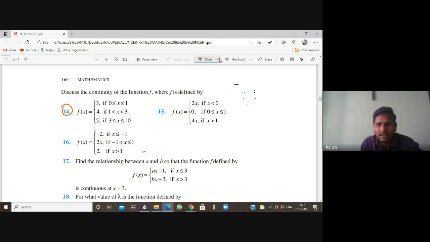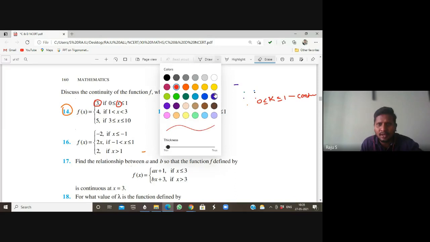I'm going to write like this. For example, in place of X, I'm taking K. K lies between 0 and 1, continuous, because the function value is 3. Individually it is continuous. I'm telling you a shortcut.